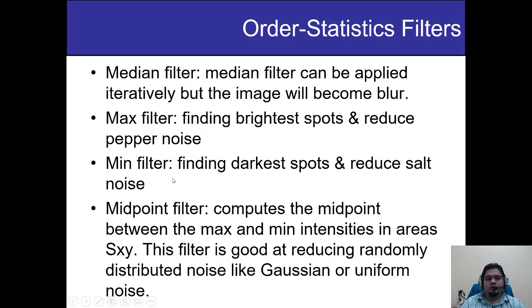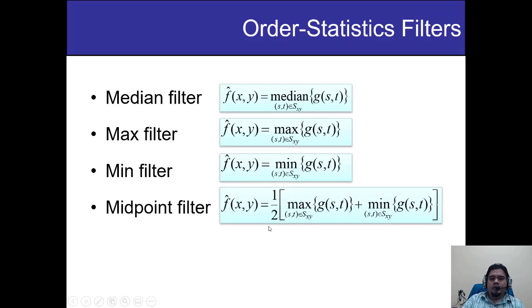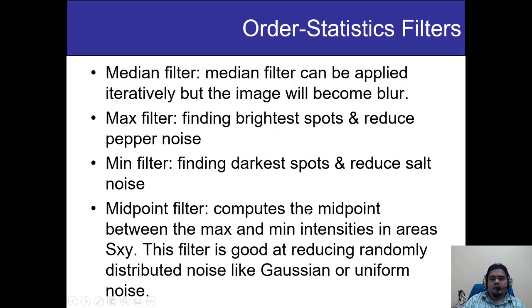What I want to highlight is the new thing, which is the midpoint filter. Why do we compute it this way? Because you just take the middle point between the maximum and minimum intensity in the area of S_xy. This filter is good at reducing randomly distributed noise like Gaussian and uniform.